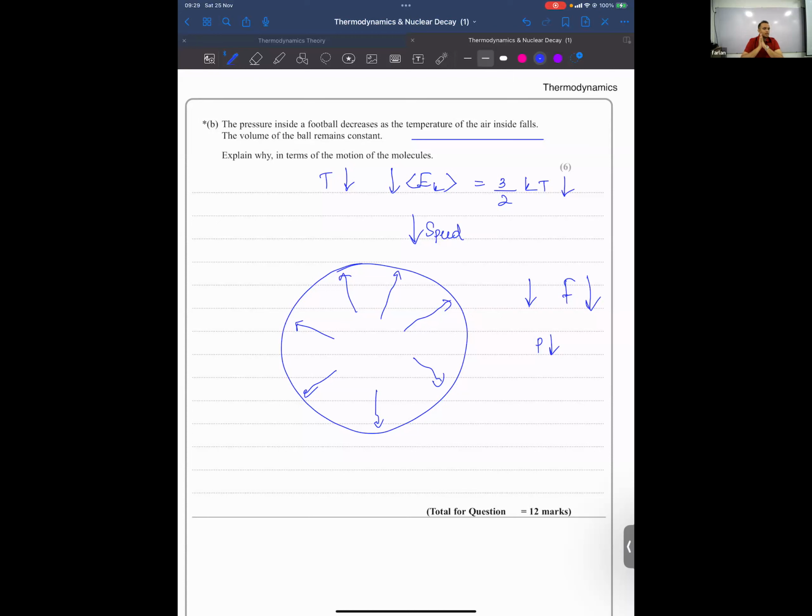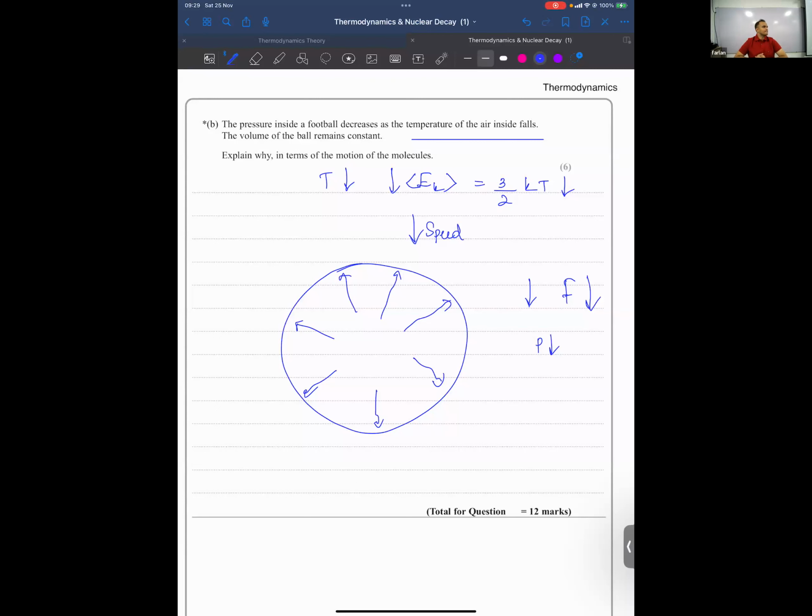Full stop. Pressure is the force exerted per unit area. So the pressure will decrease. So can you say the last part again? The pressure is the force acting per unit area. So the pressure will decrease.